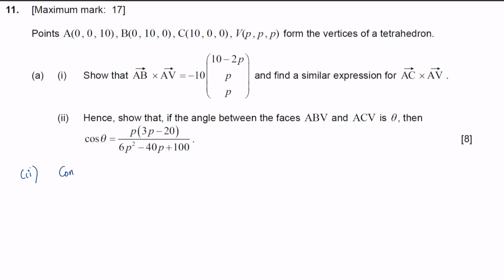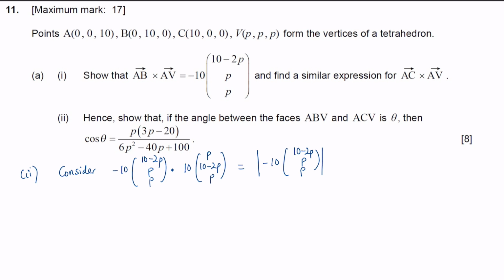So I'm going to consider now the dot product of these two vectors, (10 minus 2p, p, p) dot with 10 times (p, 10 minus 2p, p), and so this gives me mod of minus 10 times (10 minus 2p, p, p), mod of 10 times (p, 10 minus 2p, p), cosine of the angle between them.